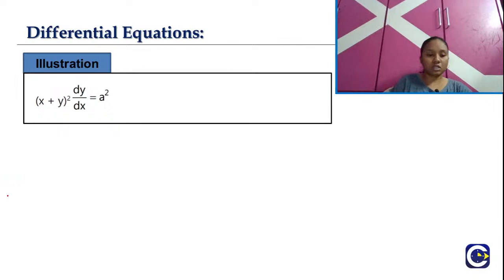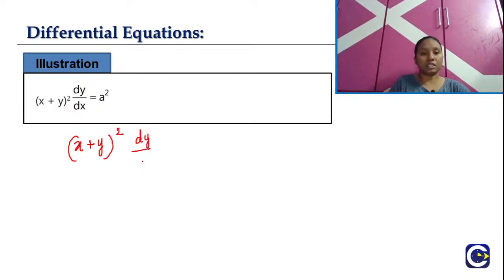So, let's write down the equation here. Given differential equation: x plus y whole square dy by dx is equal to a square. So, look over the question and see how we'll be solving it.